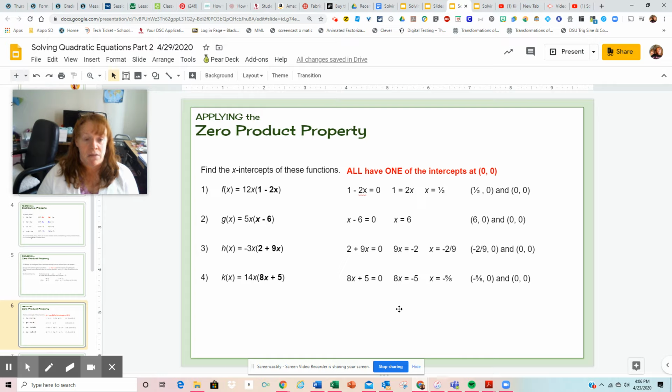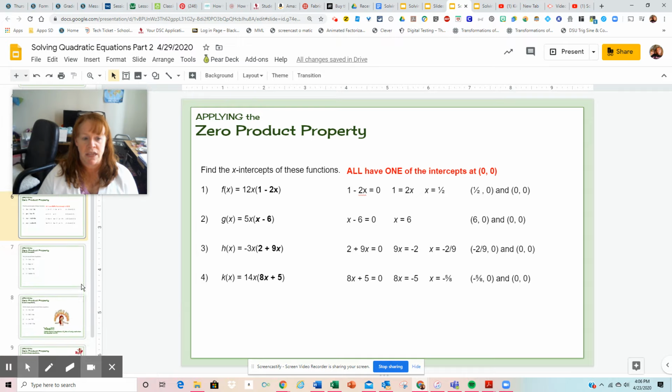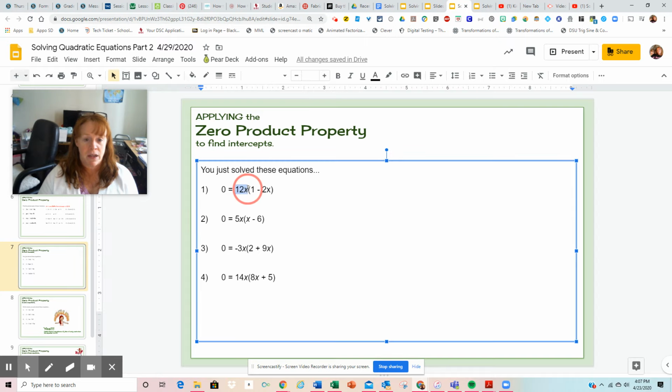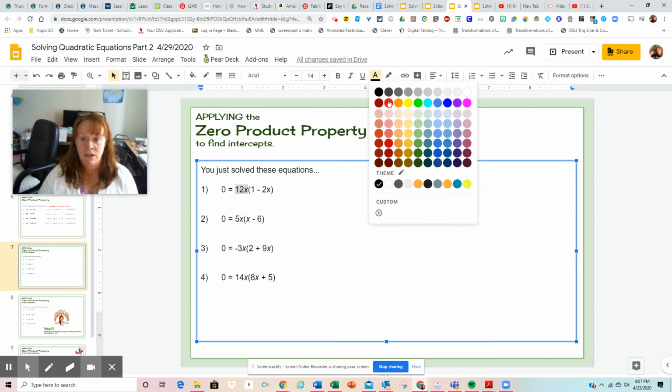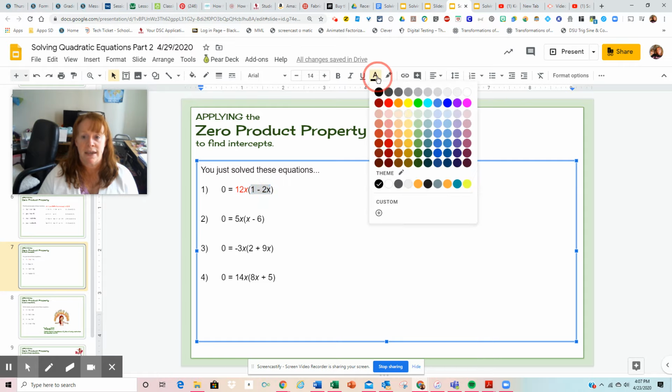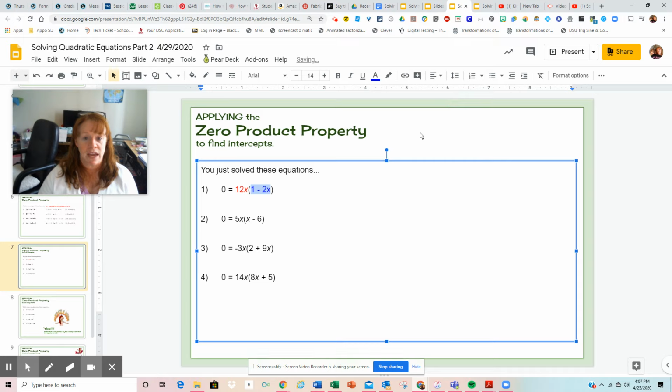That shouldn't have been hard. We did this last week, and we did this quite a bit last week. So that is what happens here. You just solved these. Because if this thing times this thing equals 0, then either this first one, the part in red, has to equal 0, or the part in blue has to equal 0. One of those two things has to equal 0.